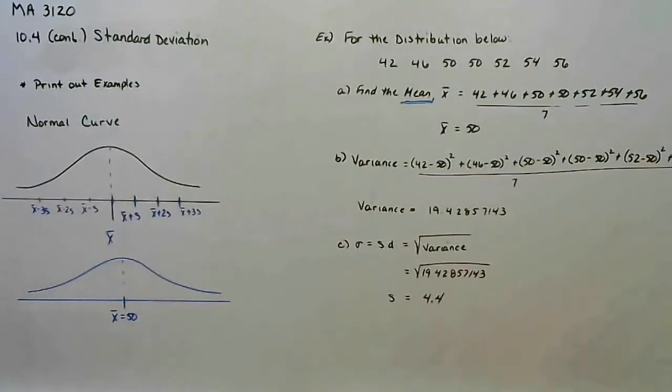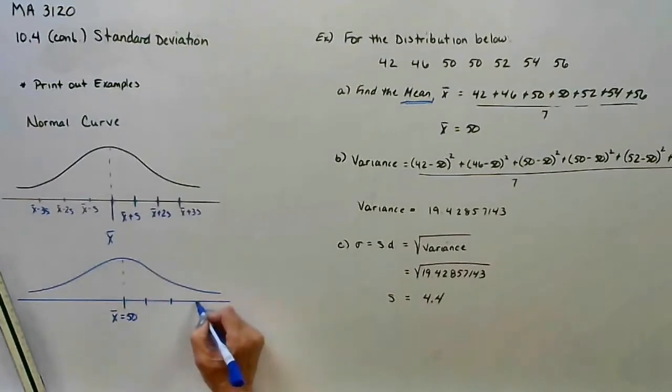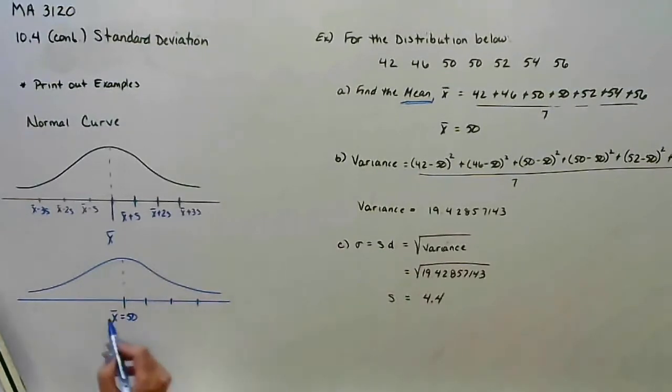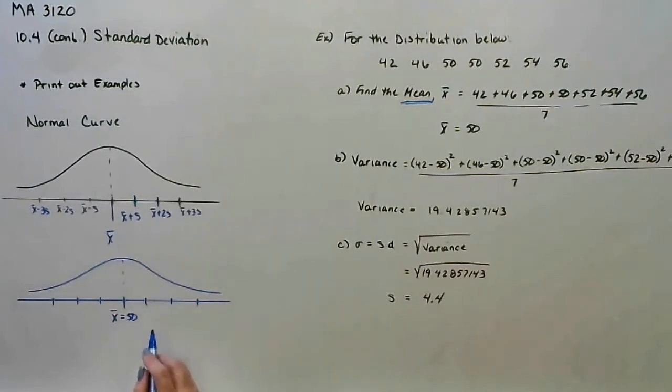And then I'm going to go 3 standard deviations to the right, 3 standard deviations to the left. 1, 2, 3 to the right, 1, 2, 3 to the left. So if I take 50 and add my standard deviation, this next line will be 54.4.